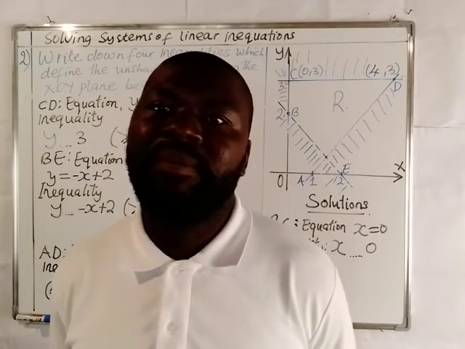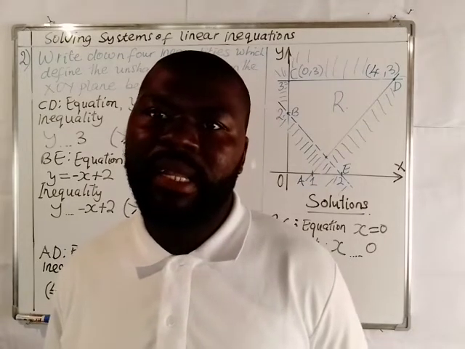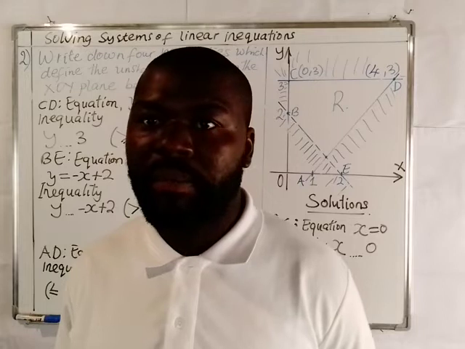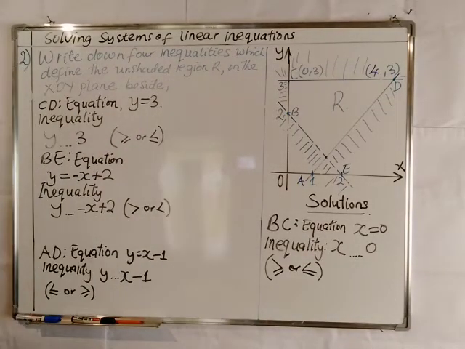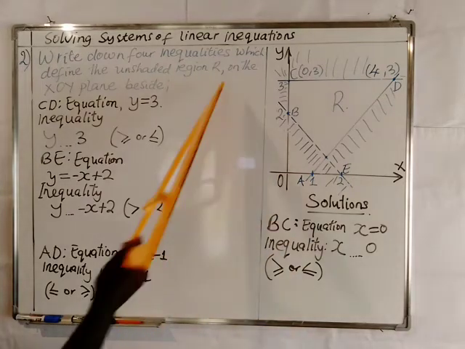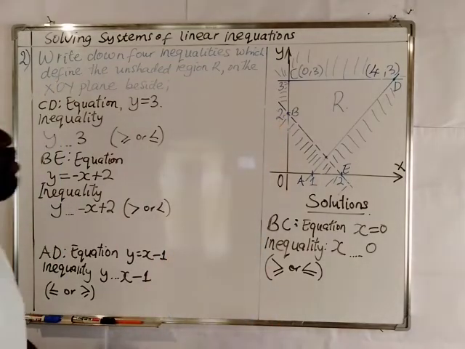We are solving systems of linear inequalities. We have an example on the board with the XY plane on the right-hand side that we are going to use. Write down 4 inequalities which define the unshaded region R on the XY plane beside. So this is the XY plane that we are going to use.